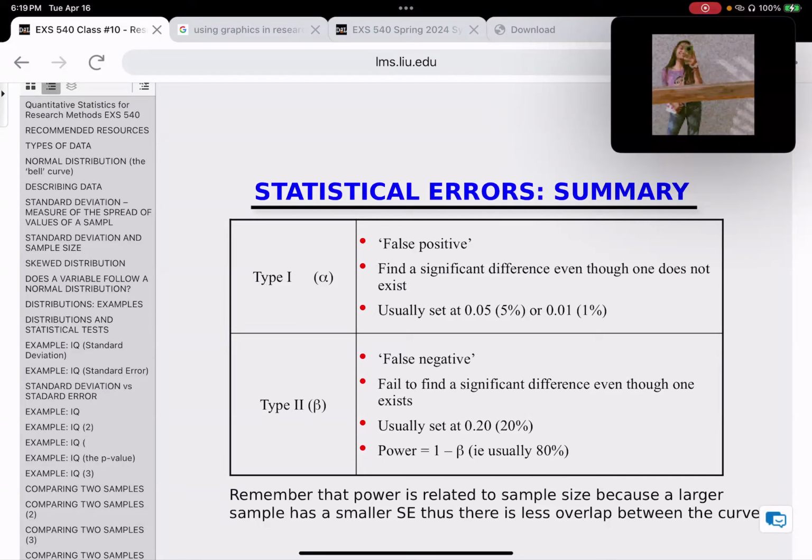Now, what is power really influenced by? A few things. It's influenced by the number of participants in your study. So studies with thousands and thousands of people have very, very high levels of power. Because why? There's less variance around the average, right? The tighter the data set, the more participants there are, the higher the level of power.